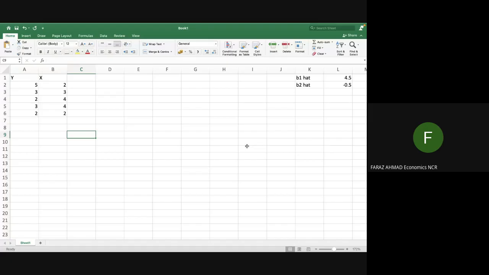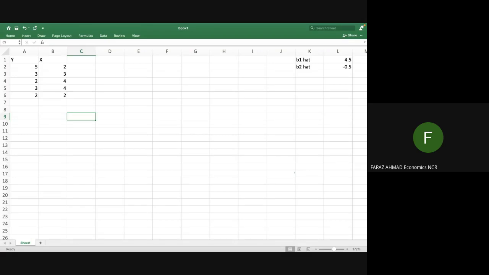How do we get the residuals? For residuals, what we need to do is subtract yi.